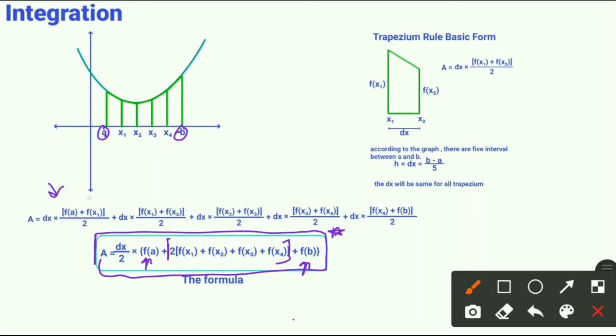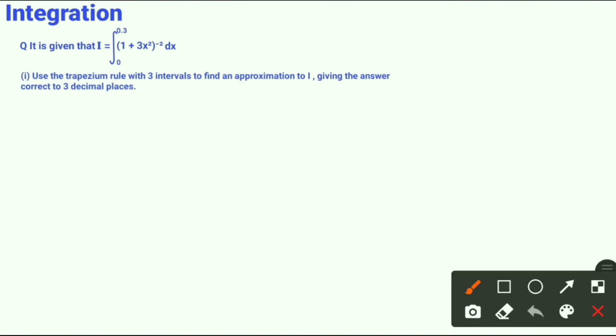Why is it being multiplied by 2? Because let's start from here: dx multiplied by f(a) plus f(x1) upon 2, then f(x1) appears twice, f(x1), f(x2), f(x2), f(x3), f(x3), f(x4), f(x4). That's why it has been multiplied by 2. And this is the formula for finding the approximate area under the curve. This is the trapezium rule, basic form.